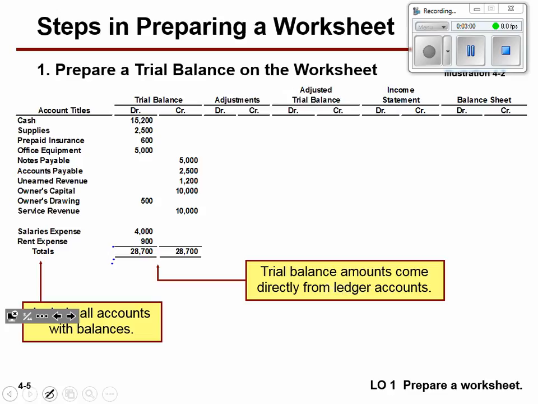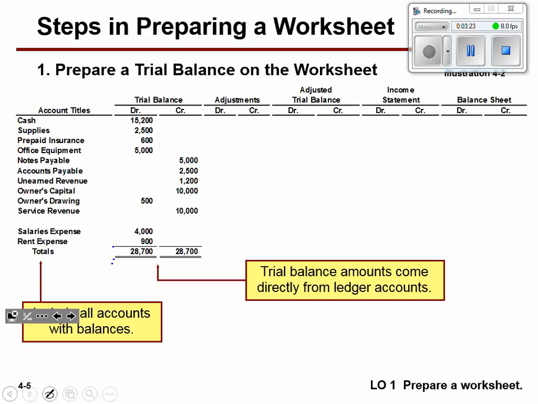So let's go through step by step. I don't think it's in your actual notes, but you'd want to use the little transparencies in the middle of the chapter. So step 1 is you prepare the trial balance. Now you know what all these mean. Some of them are balance sheet accounts, some of them are income statement accounts.